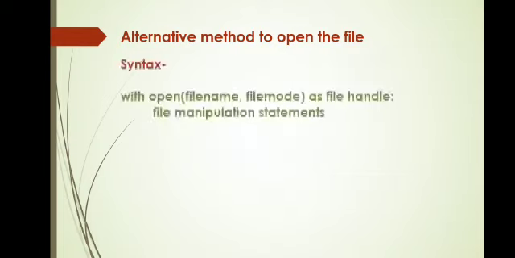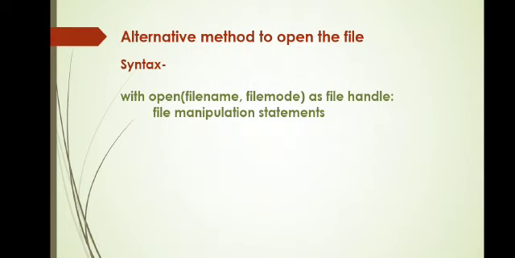See, here I have used the keyword with followed by the open function, then as, and after that the name of the file handle. As you will notice, a colon is written over here. And what does the colon indicate? That this with line is a compound statement, which means it contains some lines within its block.